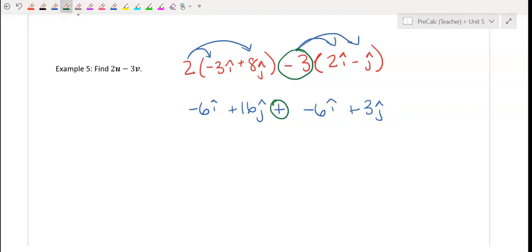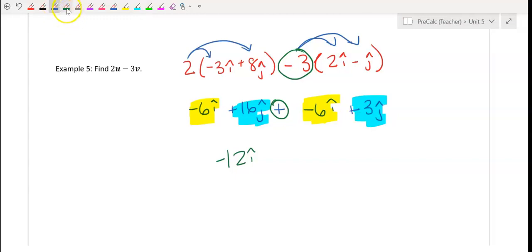So now all I do is combine like terms just like before. I have negative 6i and another negative 6i. So this just becomes negative 12i. And then I've got 16j plus 3j.